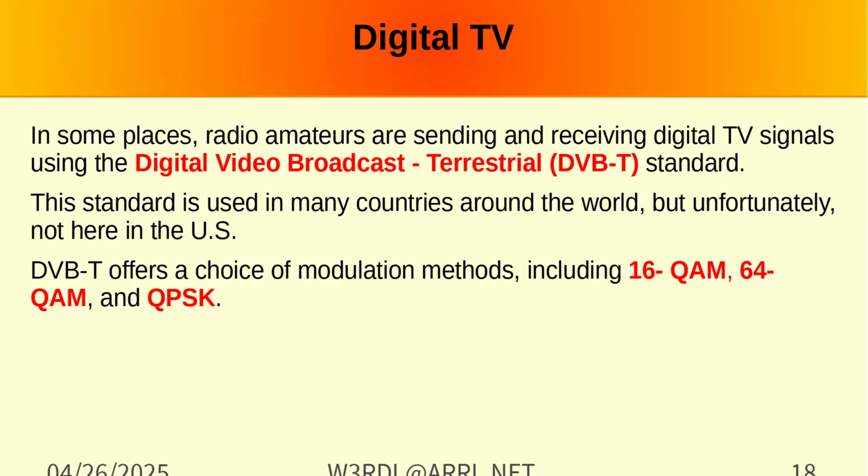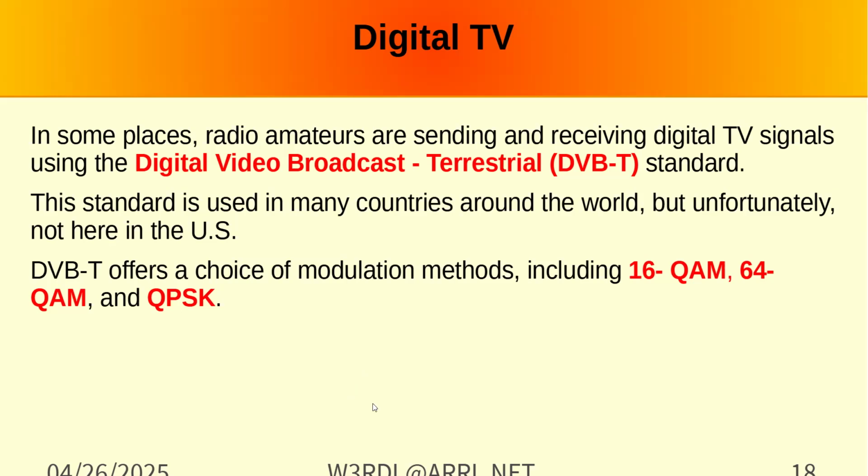Well, let's see. I bet because it's red, there's a question. It uses different modulation methods from 16 QAM to 64 QAM, which I think are the same kind of modes that cell phones use, and QPSK, which is quadrature phase shift keying, where the Q doesn't mean 90 degrees, it means 4.